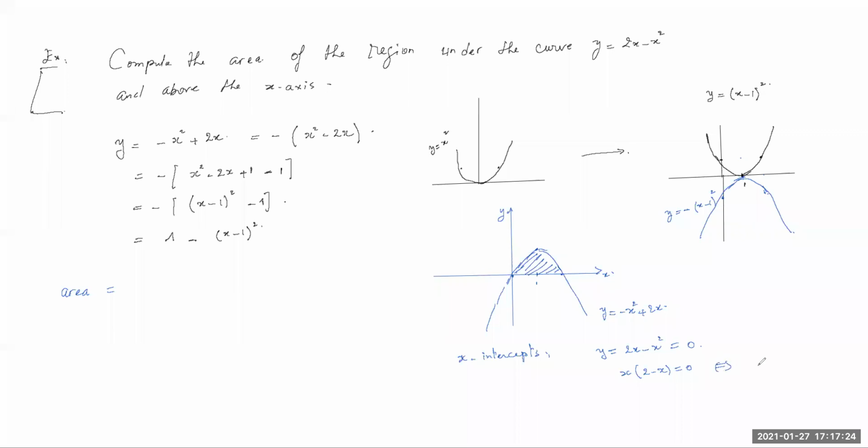So this will happen if x equals 0 or x equals 2. These are 0 and 2. This one is important. Now, how can you express your area?